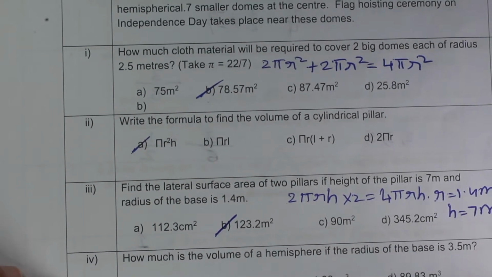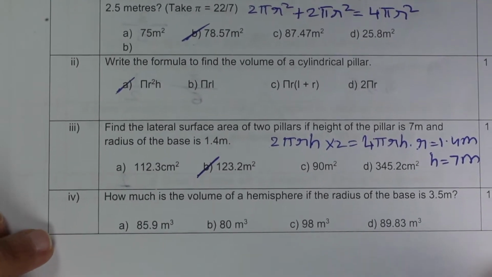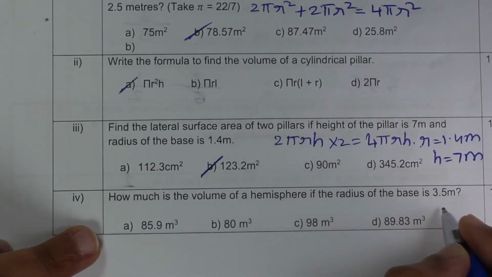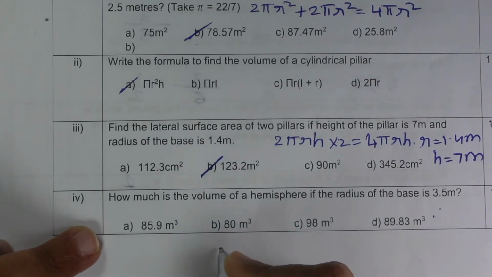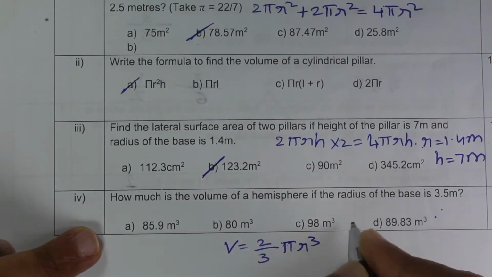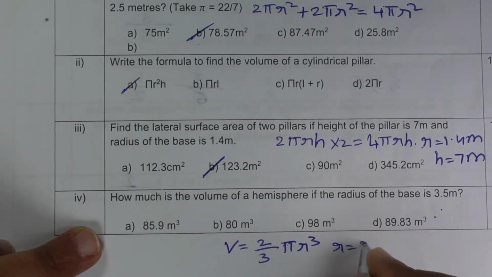How much is the volume of a hemisphere if the radius of the base is 3.5 meters? What is the volume of a hemisphere? V is equal to 2 by 3 pi r cube. Here r is 3.5 meters.